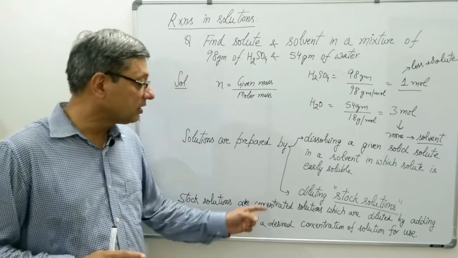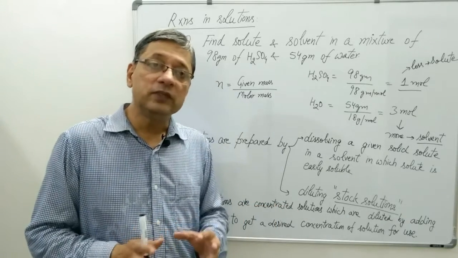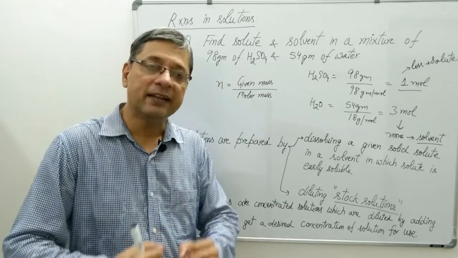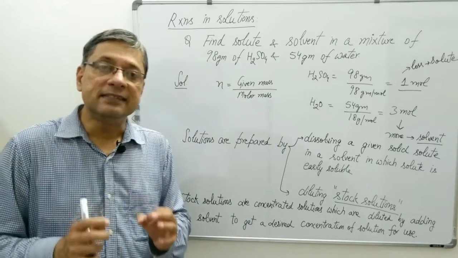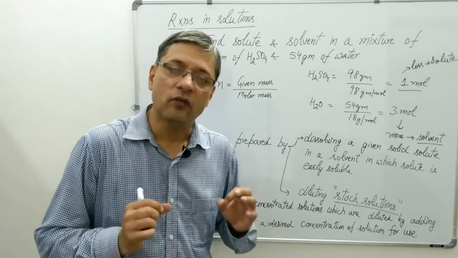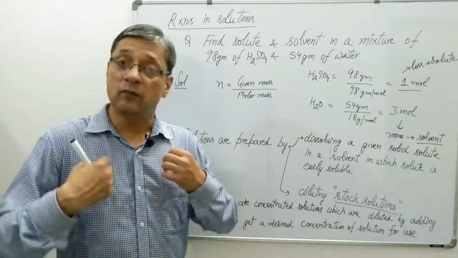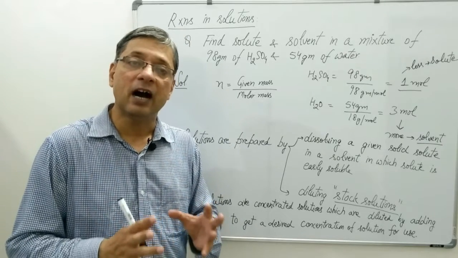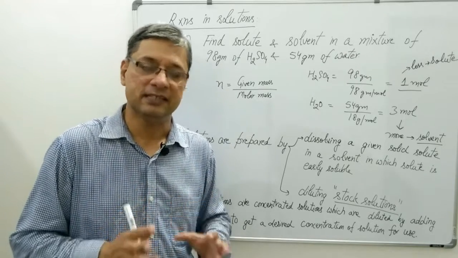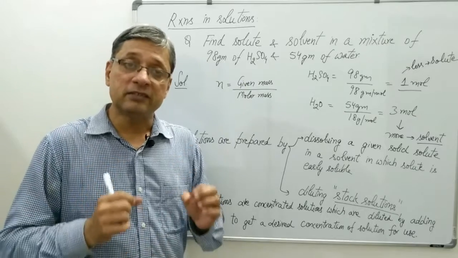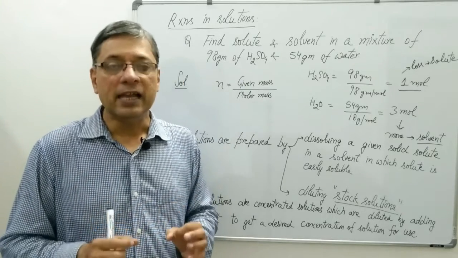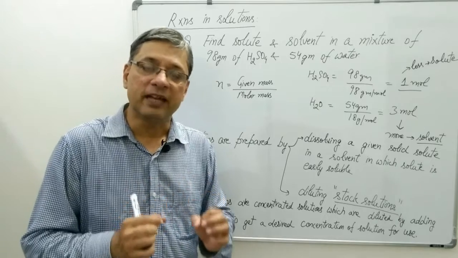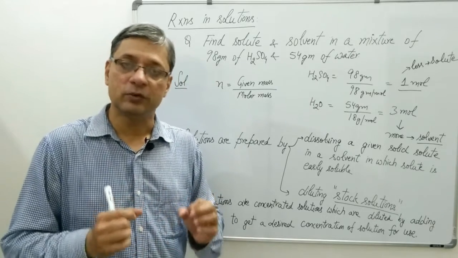Stock solutions are concentrated solutions which are diluted by adding more of the solvent, such that we get a desired concentration of solution which will help to carry out the chemical reaction easily. So concentration is the most important term while carrying out chemical reactions in solutions.